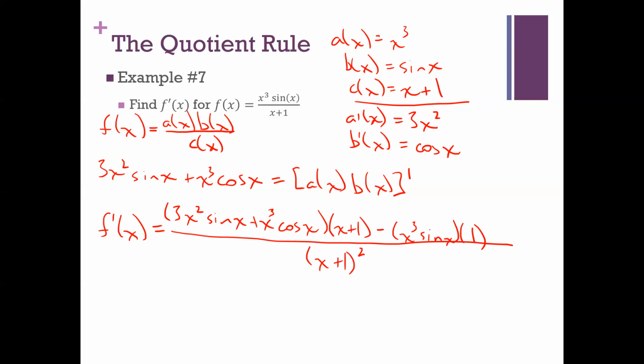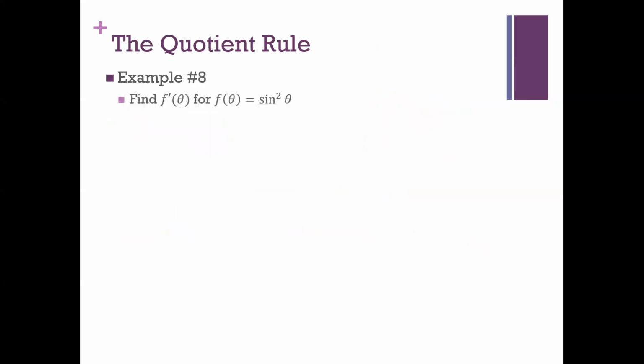How are we doing there? All right, sine squared of theta. We'll find the derivative of sine squared of theta. So how can I start working towards that? Would you use the product rule here?